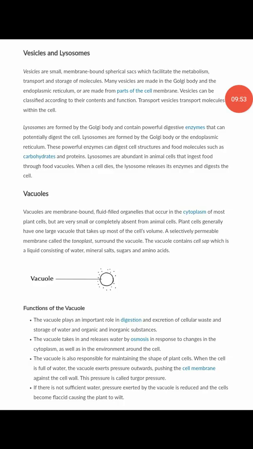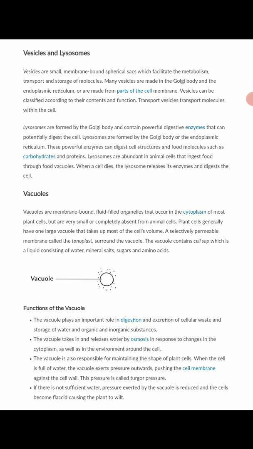Quickly, the next one. I think we're coming to a close on this aspect: vesicles and lysosomes. Vesicles are small membrane-bound spherical sacs which facilitate the metabolism, transport, and storage of molecules.